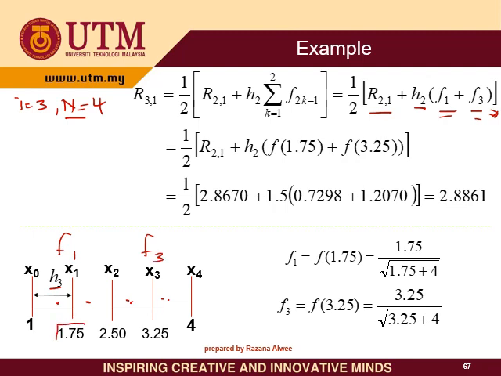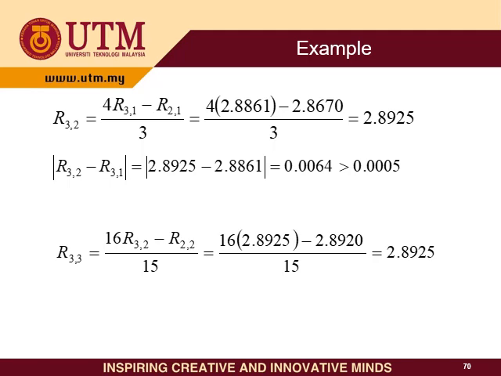This is the value for your f1, this x1, and this is the value for your x3 that you need to insert into the equation. So you put the value x here for each of the f, and then you can find your answer for f1 and the answer for your f3. Then you can find your R31.